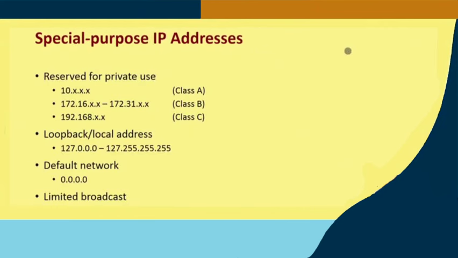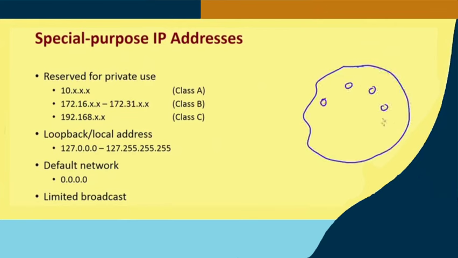Now, I mentioned that there are some special purpose IP addresses which are reserved for special purposes. First, there are something called private IP addresses. Suppose I have an organization, and I want to use some computers inside my organization to communicate among themselves.